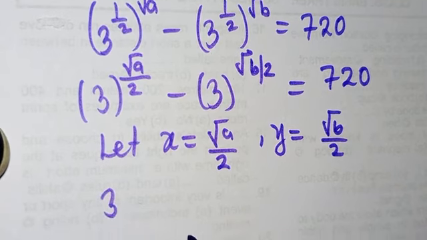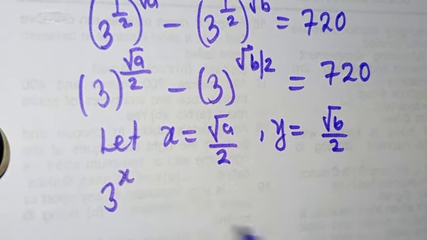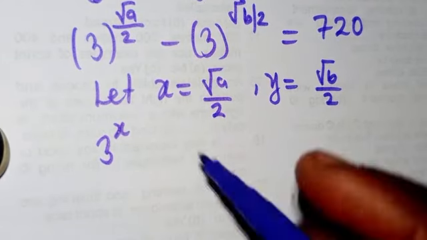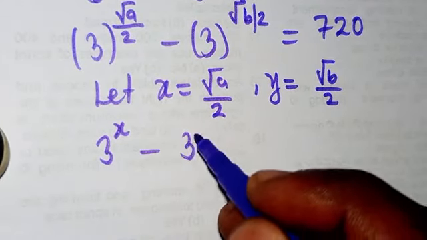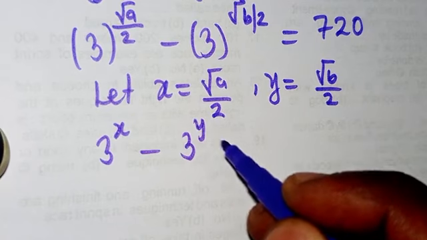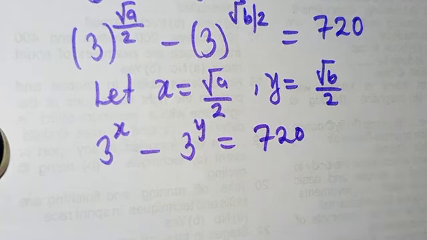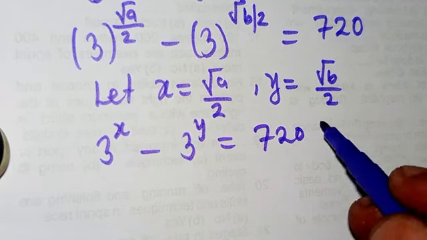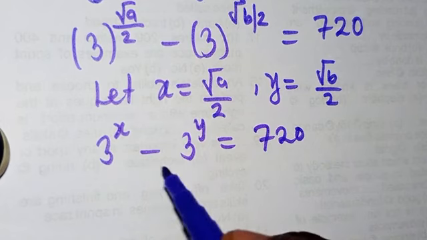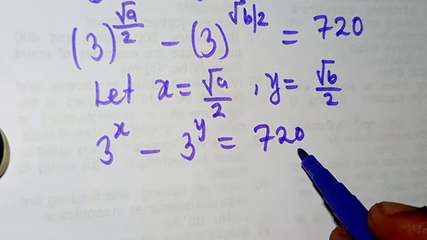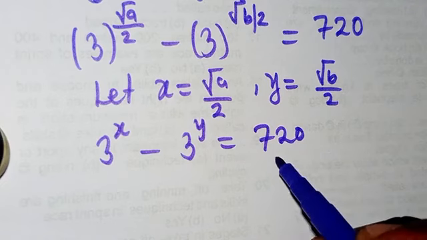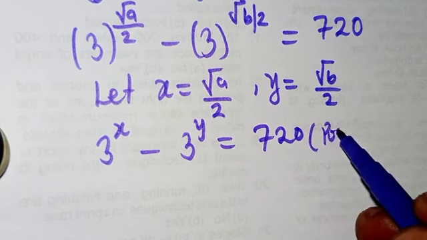So this is going to be 3 to the power x minus 3 to the power y equals 720. So now from here, we can see that for this, we have 3 to the power x minus 3 to the power y equals 720, and this 720 is positive.